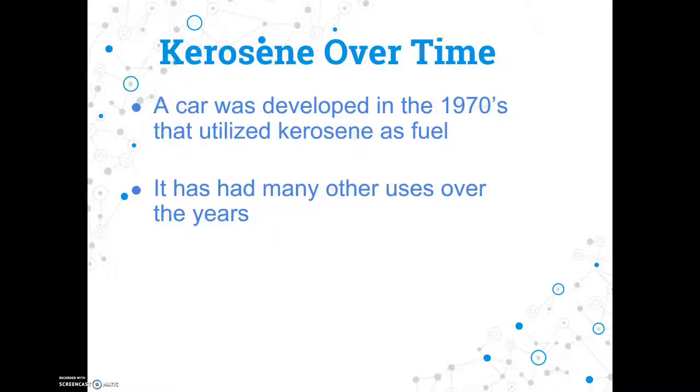Now we will talk about kerosene over time. During the fuel crisis of the 1970s, a brand called Saab Valmet developed and series-produced the Saab 99 Petro, a car that ran on kerosene, turpentine, or gasoline. Kerosene has also been used to power smaller horsepower outboard motors, such as those built by Yamaha Motors, Suzuki Marine, and Tohatsu.